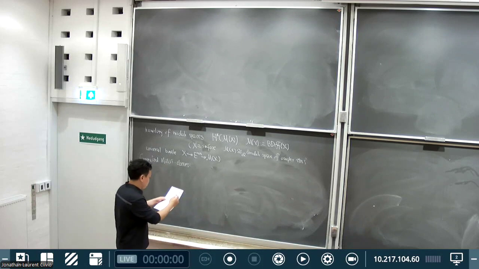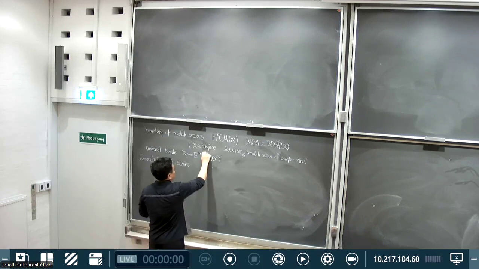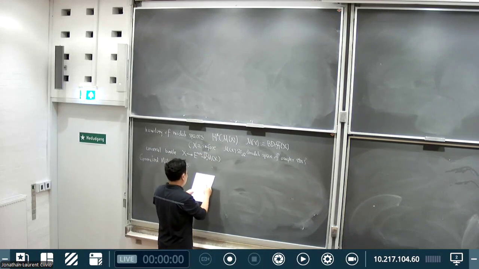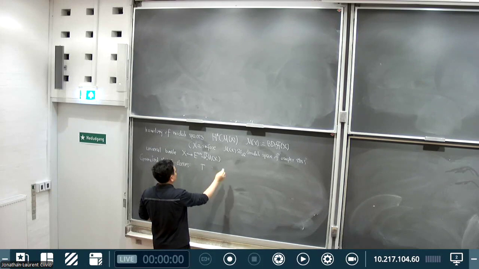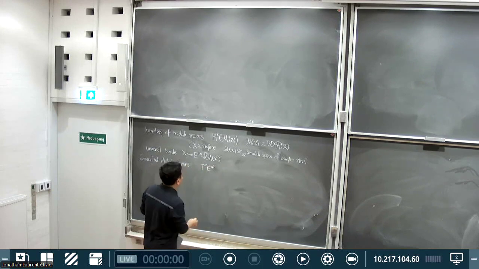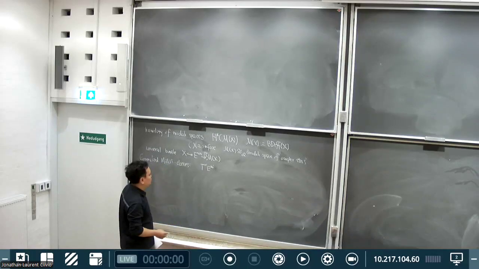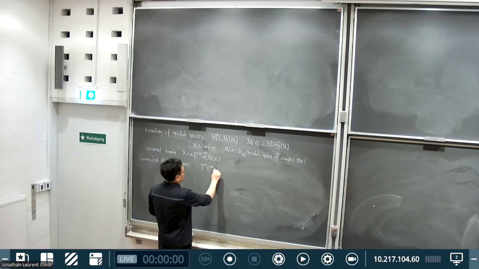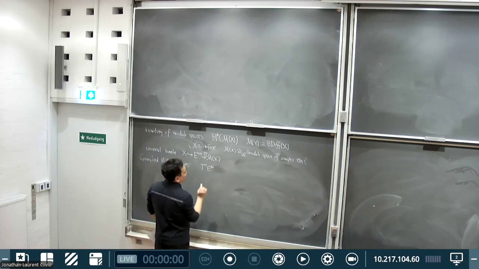So let's say we apply this. We have the vertical tangent bundle. This vertical tangent bundle is just a vector bundle.